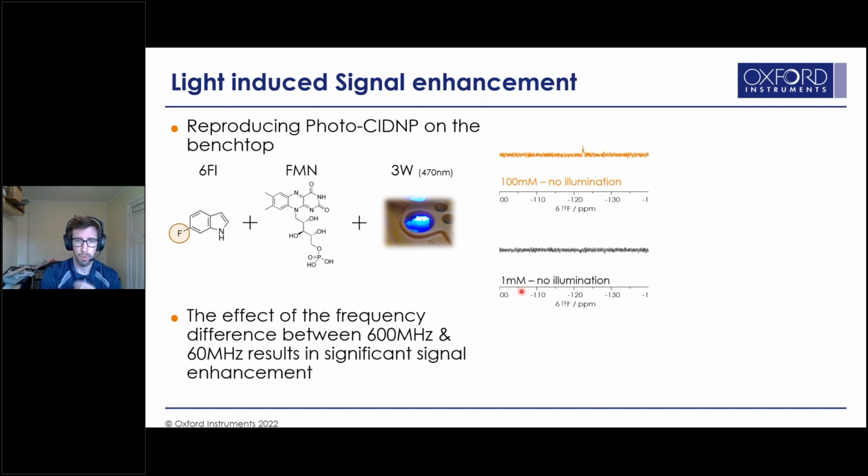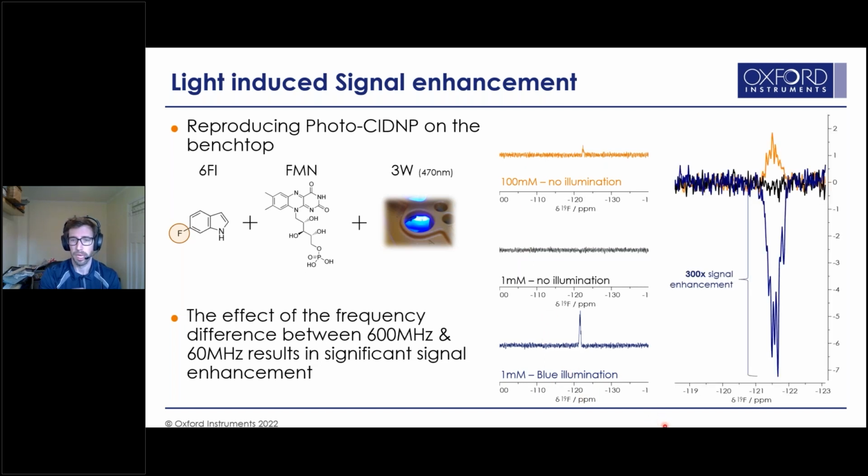So we go to our 1 millimolar solution with no illumination. And you can see we can't really see anything. Okay, there might be a slight disturbance in the baseline there, but no one's really drawing any conclusions from that in a single scan, which is what these are. However, you turn on that blue illumination and you can see that we get a significant enhancement, even over the 100 times stronger solution.